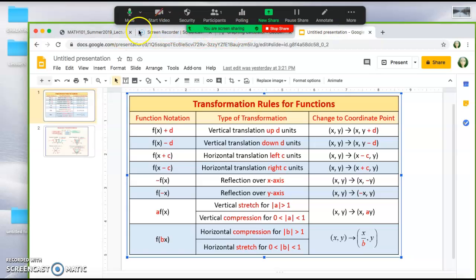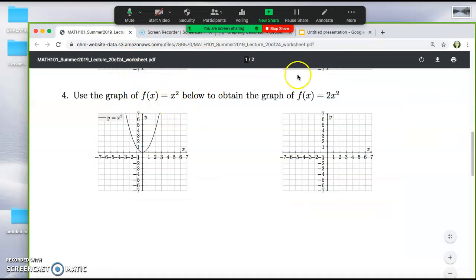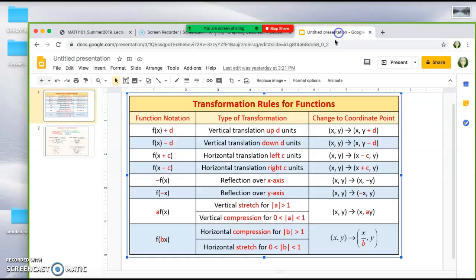The only thing changing is it went from x squared to being multiplied by 2. When we multiply our whole function by a coefficient a, we have a vertical stretch if the absolute value of a is greater than 1, or a vertical compression if the absolute value of a is between 0 and 1, meaning if it's a decimal or a fraction.